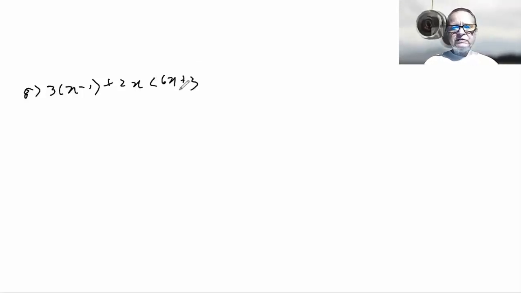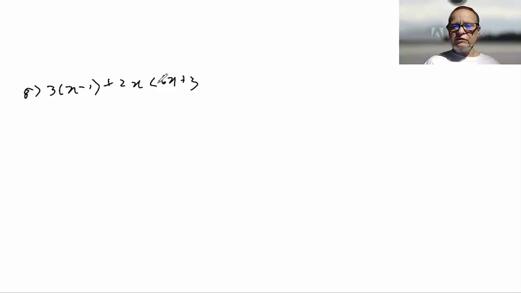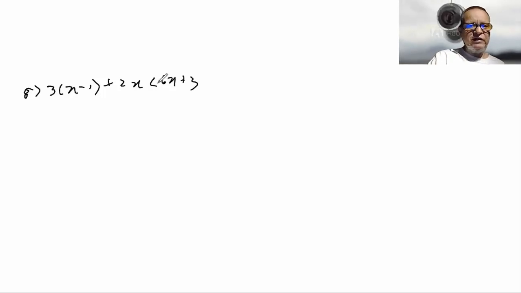And of course, as I said before, you're going to just solve this like a regular algebraic equation, except at the very end, you're going to look at whether you're dividing by a positive or negative number, and that will help you decide whether you keep the direction of the inequality the same, that means positive, or the direction of the inequality changes, that means negative.